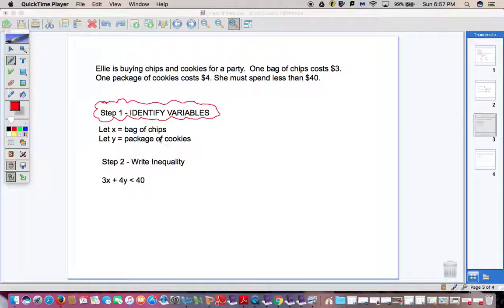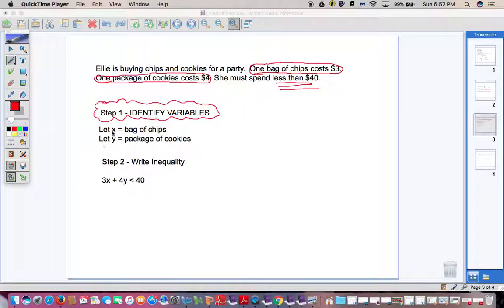So once we've defined our variables, because that's exactly what we're looking for, we know one bag of chips costs $3 and we know one package of cookies costs $4. And then we have this information here that says she must spend less than $40. Okay, so we've identified these variables and we've looked at the important information that's in this problem.